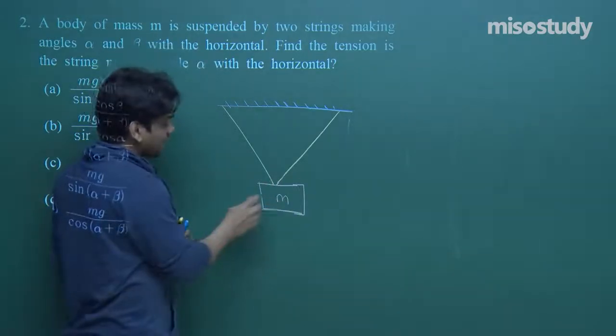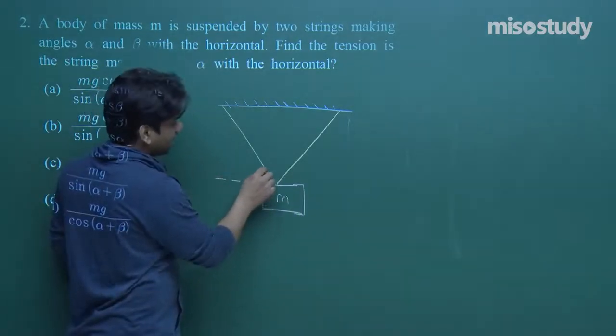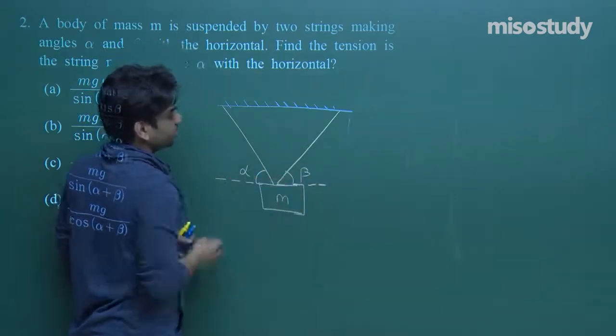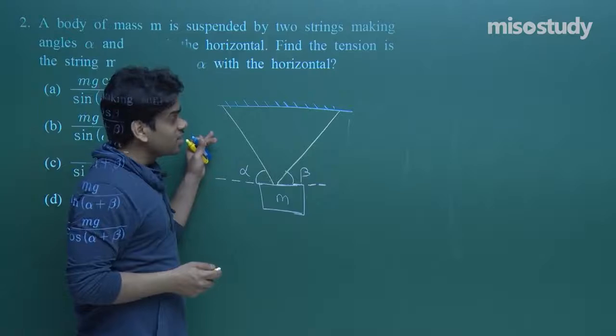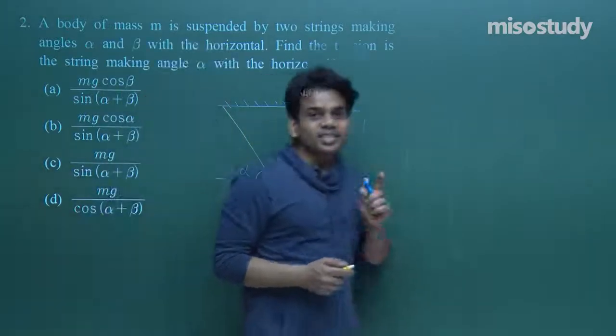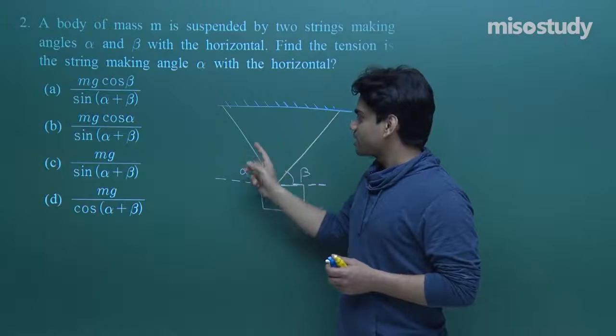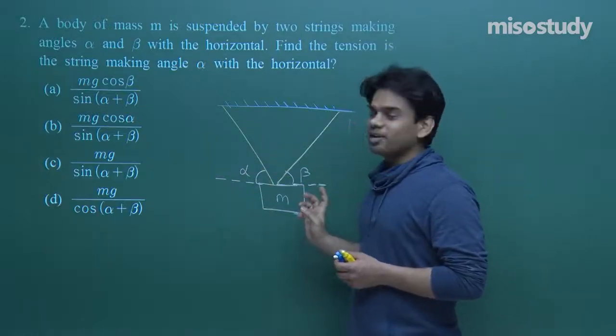Now it's given that the angle they make, this is alpha, this is beta. Both the strings make angles alpha and beta with the horizontal. So this string makes an angle alpha, this string makes an angle beta.